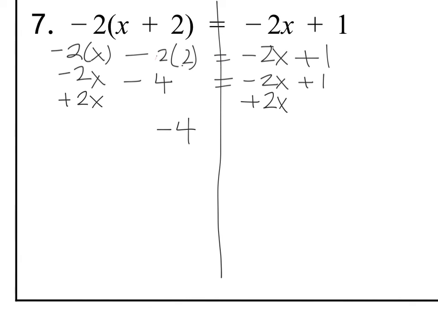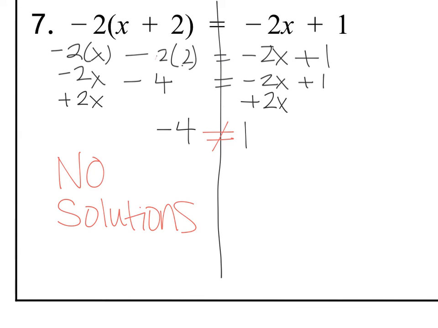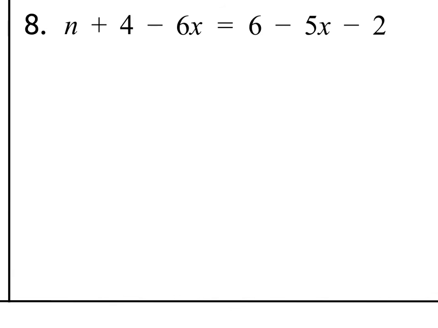What remains on the right is 1. Those two numbers are not the same. So was your prediction correct? There are no solutions. And we will move on to number 8.